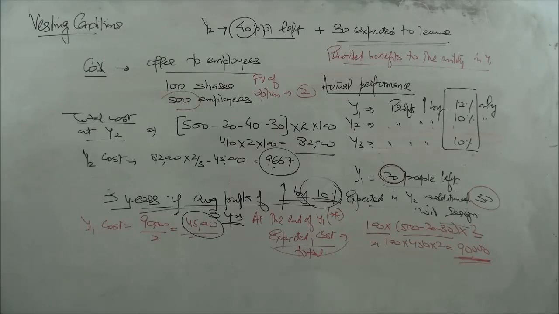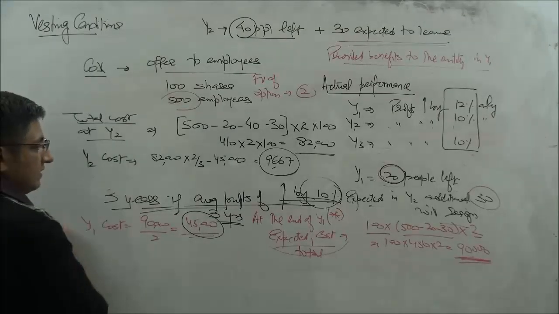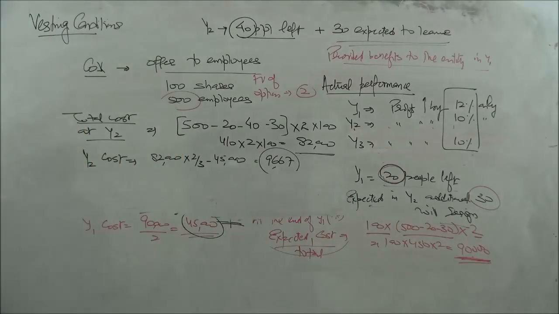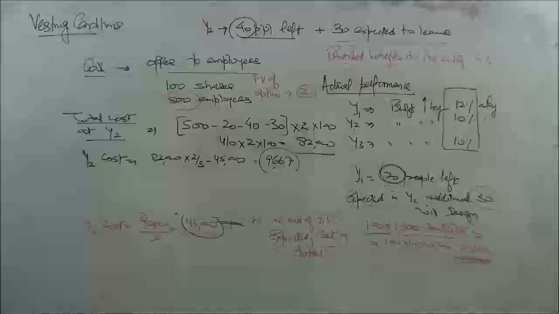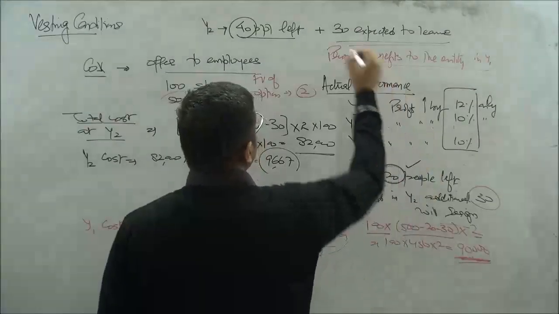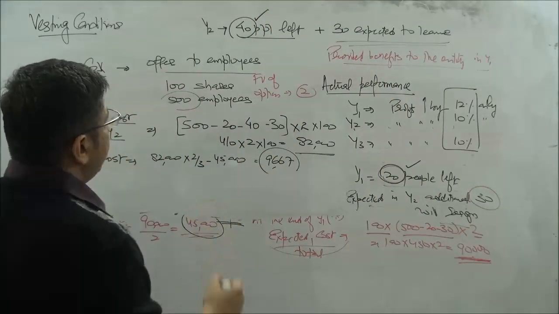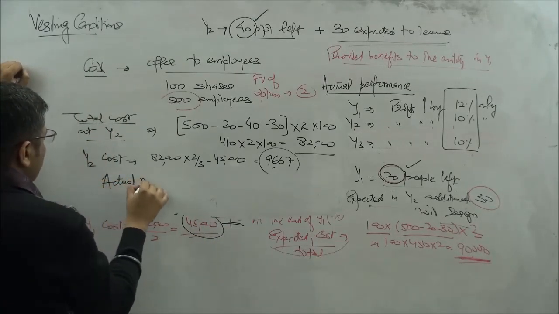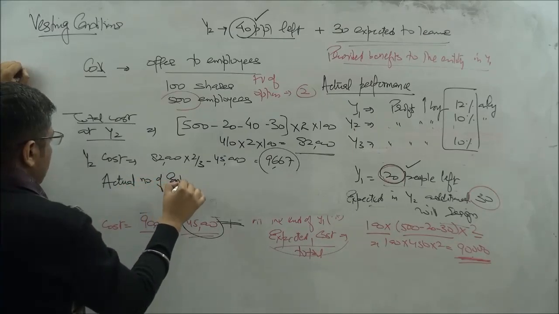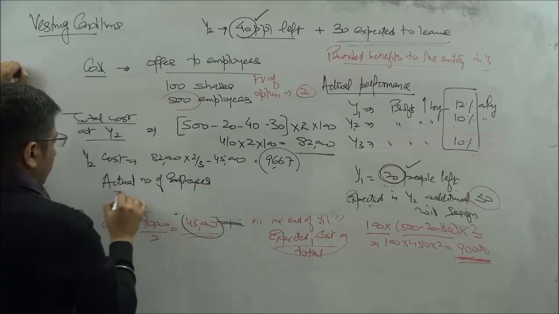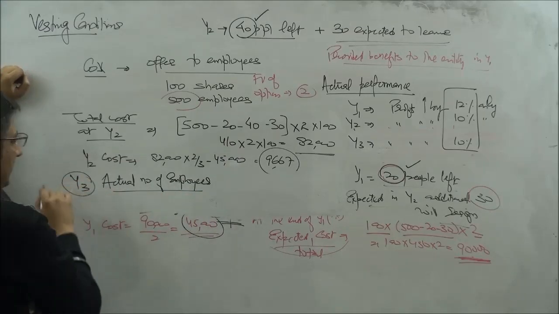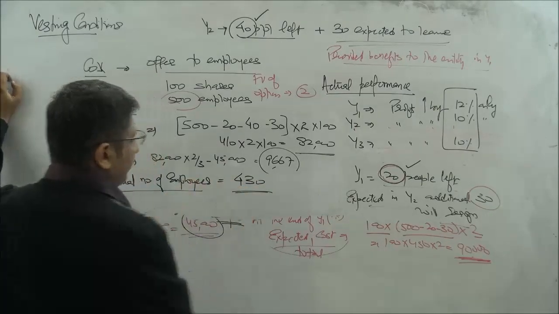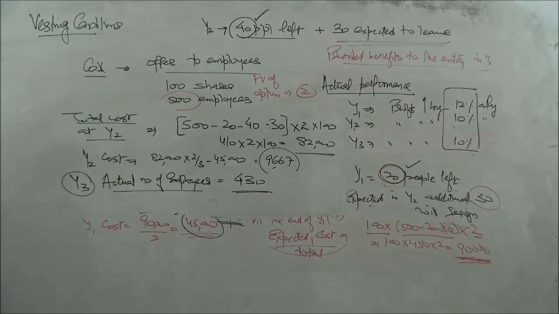And now we look at the actual number. Say for example, the actual number of employees: we already had 20 people leaving here, 40 leaving here, 60 already left. Let's say my actual number of employees at year 3 comes at 430 instead.